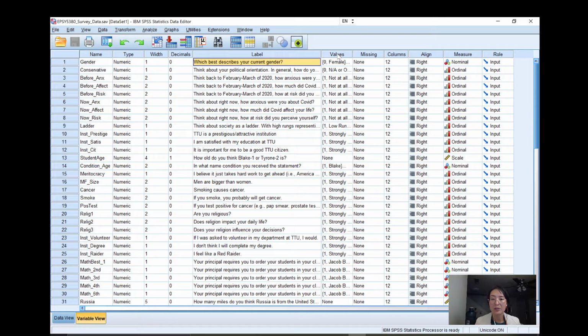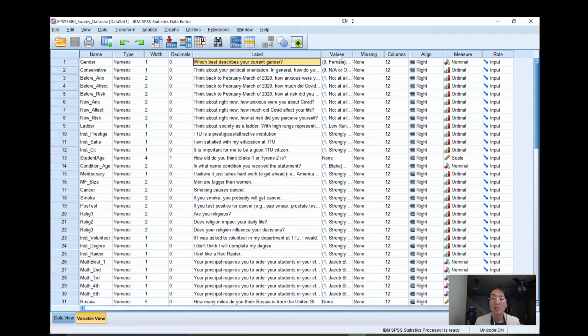And the values include what specific values represent, a specific type or category or specific value.